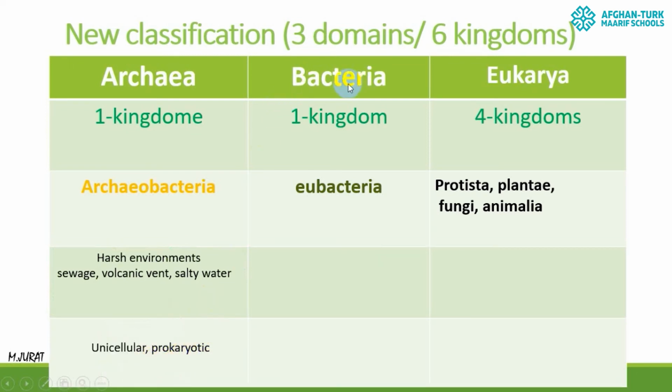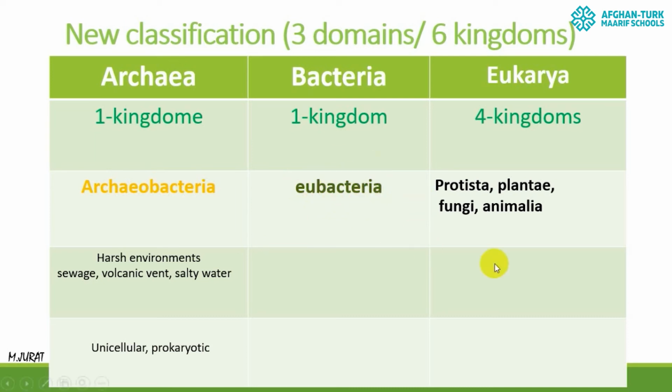About the second domain, bacteria, we can say that it contains only one kingdom, which is Eubacteria, and this is the real bacteria that we are familiar with. They can be useful or pathogenic. They can cause different illnesses. We can find them everywhere, even inside the human body, inside our mouth, inside our intestine, on our hand, for example.